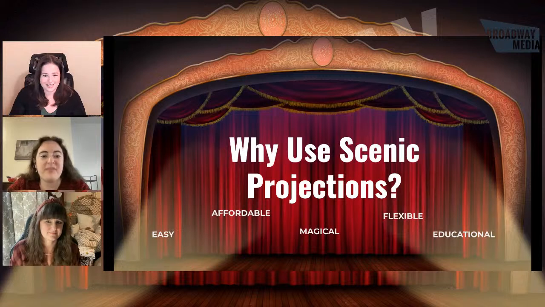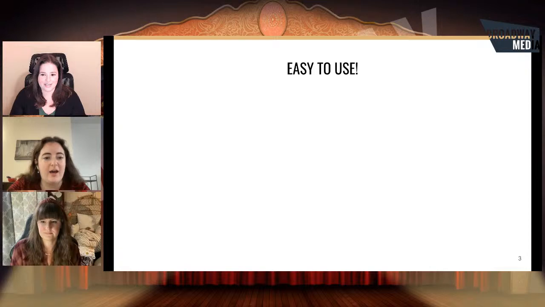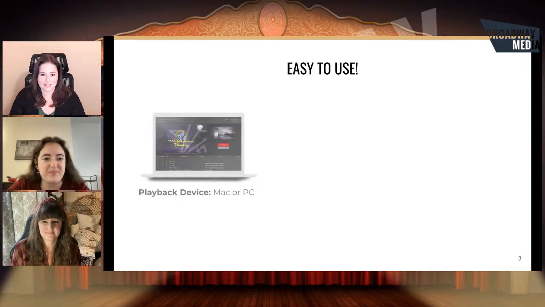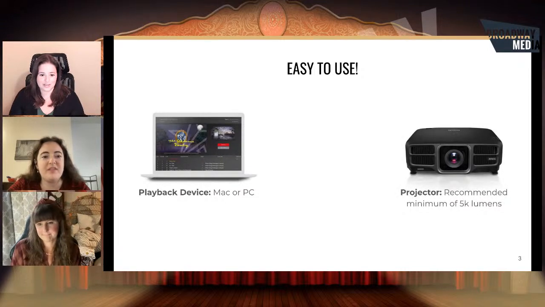Sure. So at the base of it, we only need 3 simple things to utilize digital scenery in your space. The very first thing is going to be a playback device, so usually a computer, Mac, or PC is good. The second is going to be a projector. The projector we will get into a little bit more later.